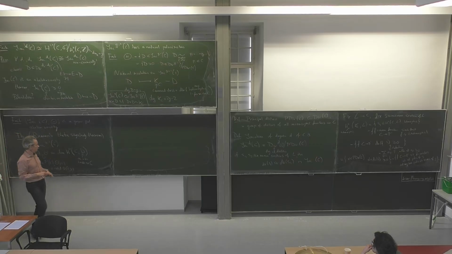To get a sense of the simplest case, I told you that the theta divisor was the locus of points where D can be written as a sum of g minus 1 points, right? These things manifestly have a section, because if D is a sum of a bunch of points, then the function 1 gives me a section of the corresponding line bundle, right?